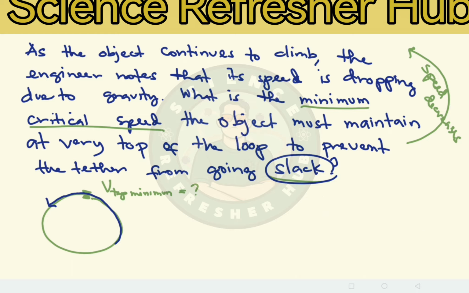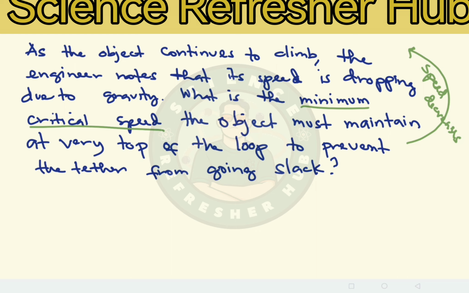Let me clean this mess for a while. At the top of it, we have our derived formula as we follow the Newton second law, and we got this formula here to get the minimum speed at the top. The formula is velocity at the top, and that will be minimum, is equal to the square root of gravity and then radius r.